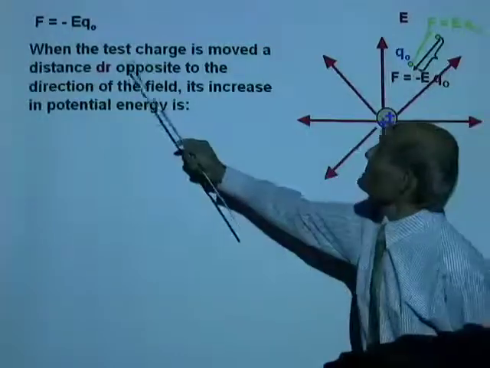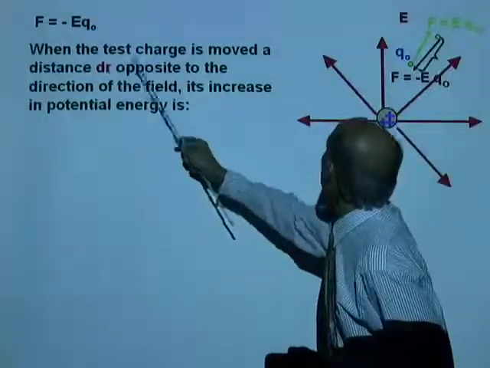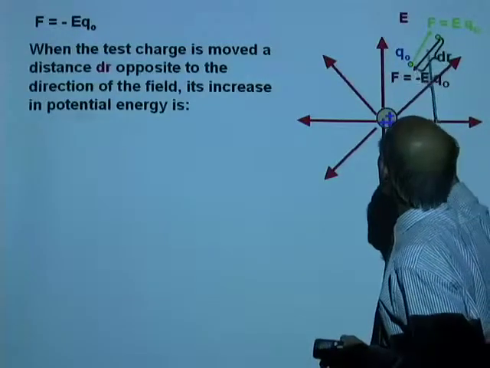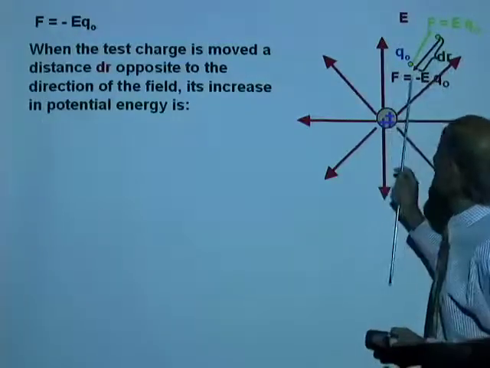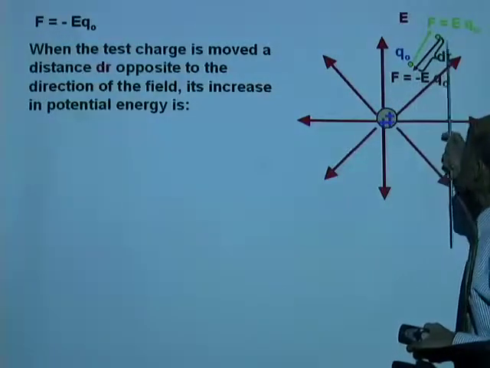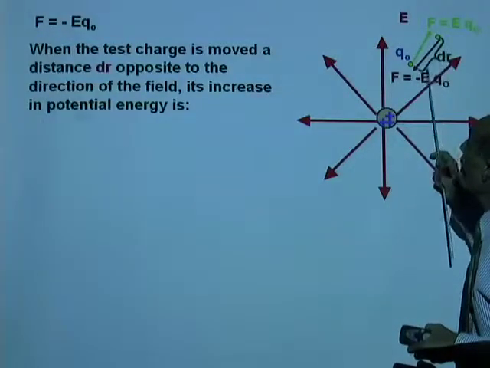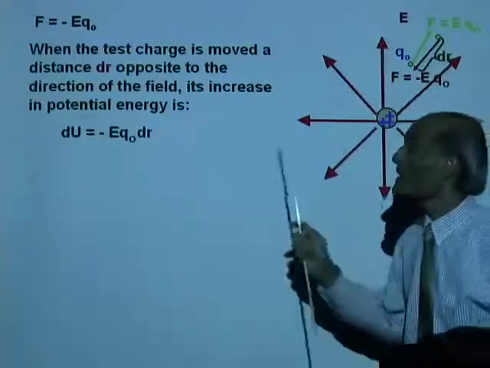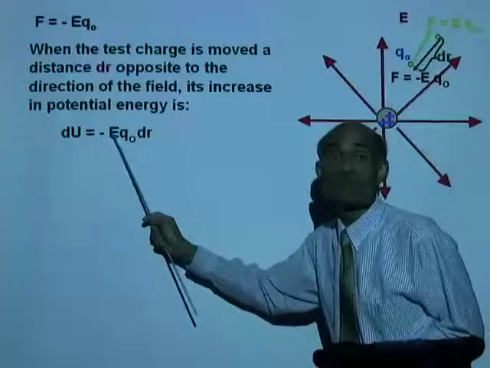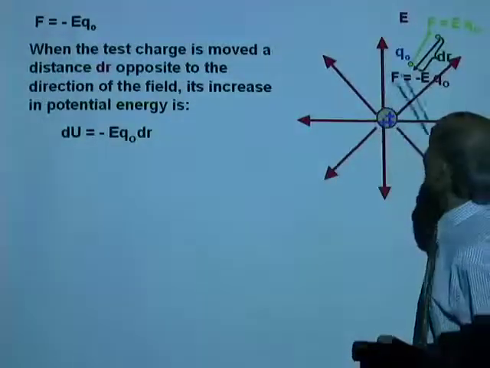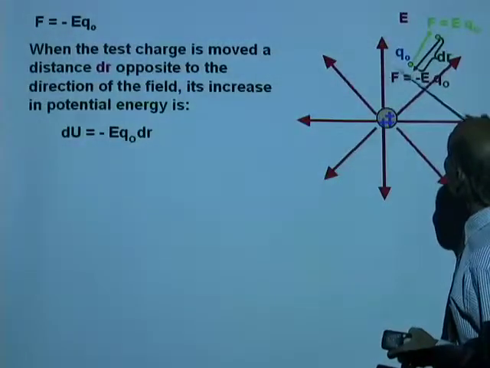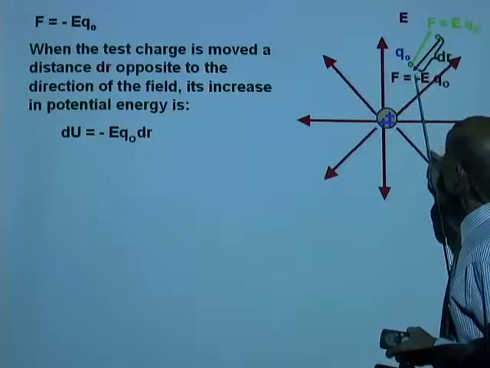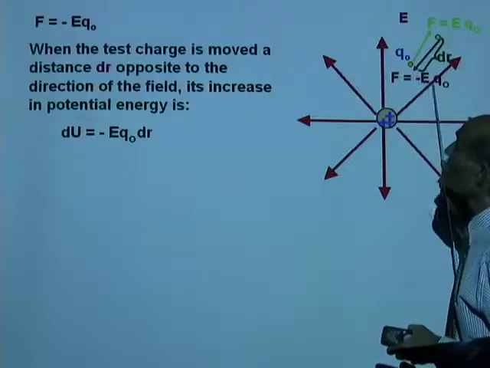Now, when the test charge is moved a distance dr, this force is moving through a distance dr. What is the increase in potential energy? The increase in potential energy is a measure of the work done, and the work done is this force multiplied by this displacement, and the force is negative EQ0.